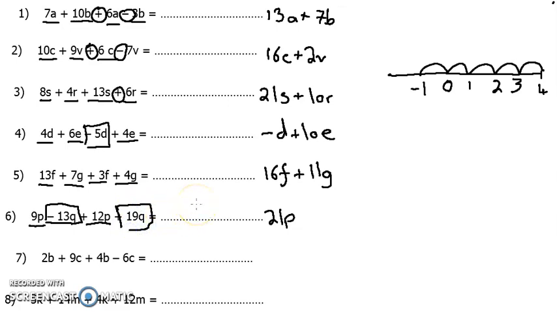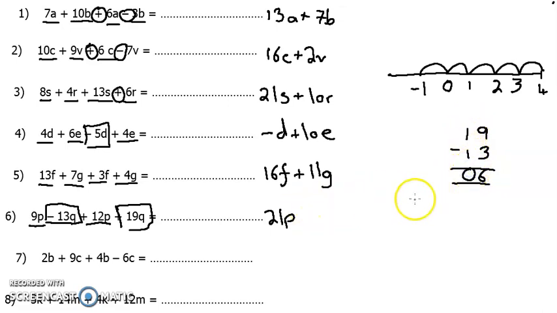So this is where we're going to start off with minus 13, and then we're going to add 19 onto it. So basically it's almost like saying 19 take away 13. So 9 take away 3 is 6. 1 take away 1 is 0.